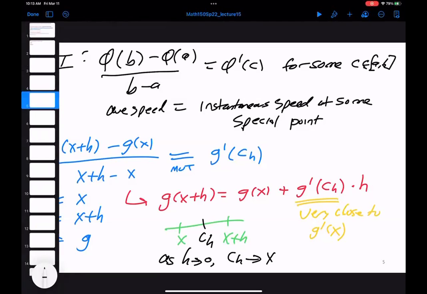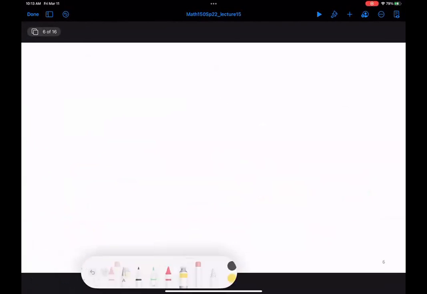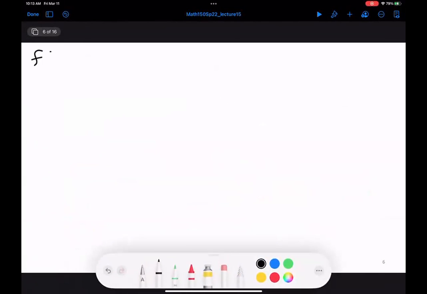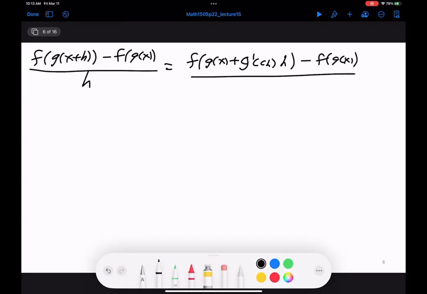And so I want to just be really rigorous now. I want to start writing down what I have. I've got f of g of x plus h minus f of g of x over h is f of g of x plus g prime at c_h times h minus f of g of x over h.